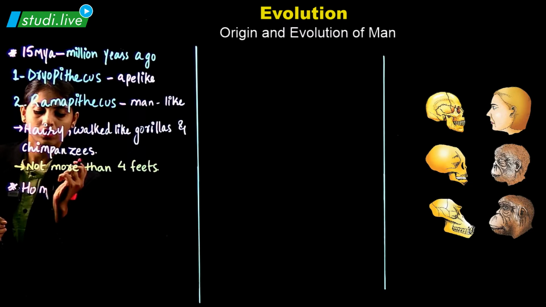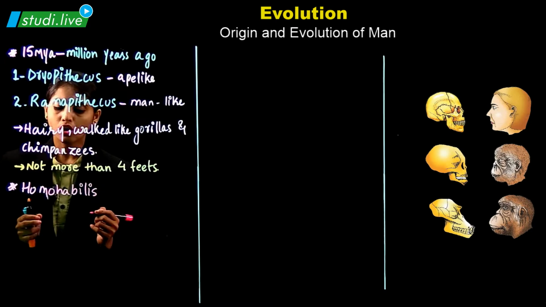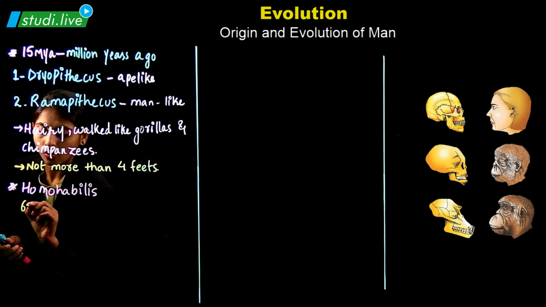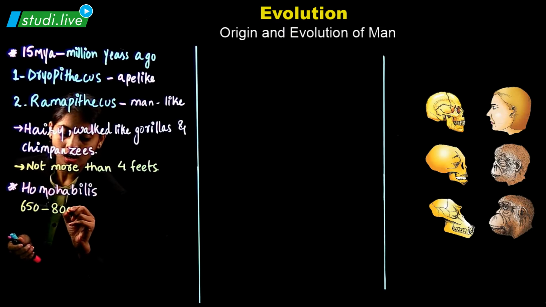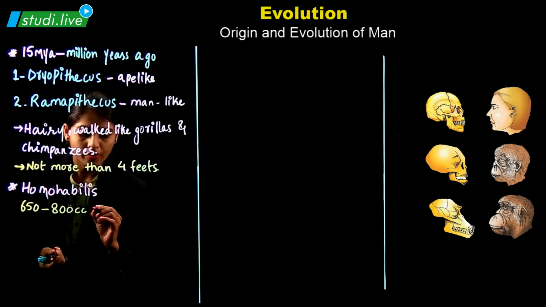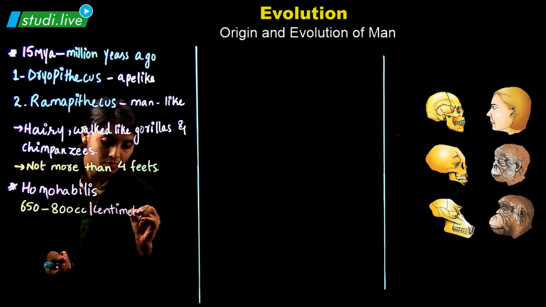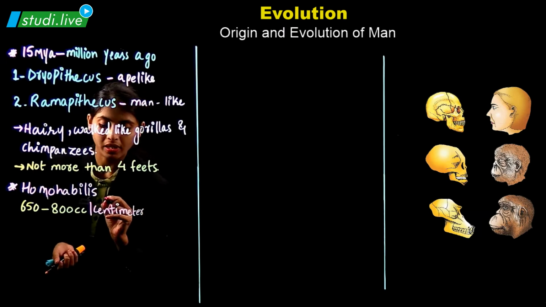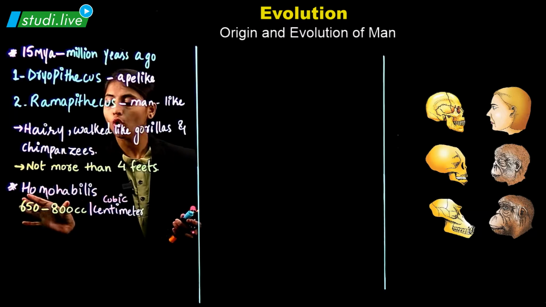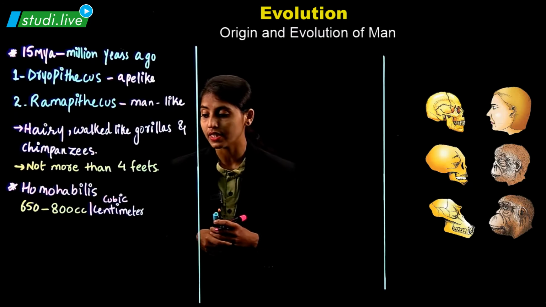The brain of Homo habilis was observed to be around 650 to 800 cc. cc is the brain unit, which stands for cubic centimeter. So their brain was around 650 to 800 cc.